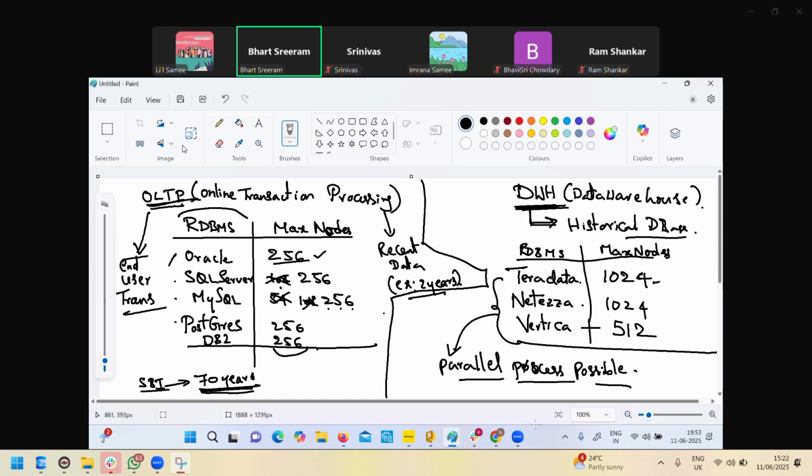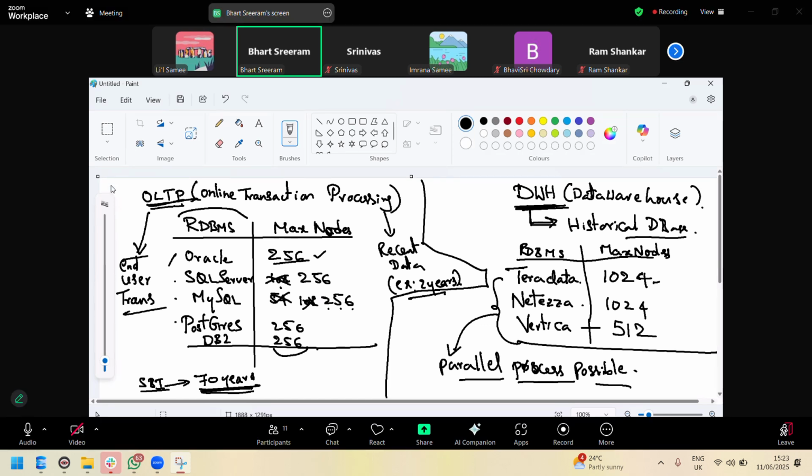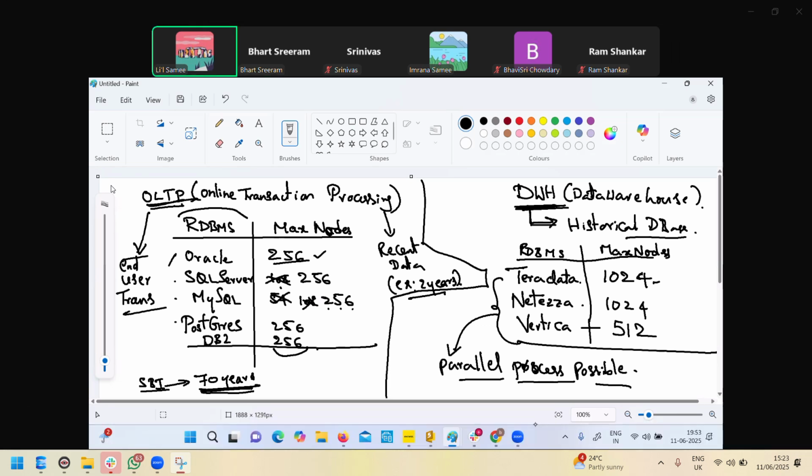Okay, now you tell me, look at the screen, both left side and right side, OLTP databases and data warehouse databases. In which database is unlimited storage possible? Sir, in data warehouse? Just check the max number of nodes and confirm.